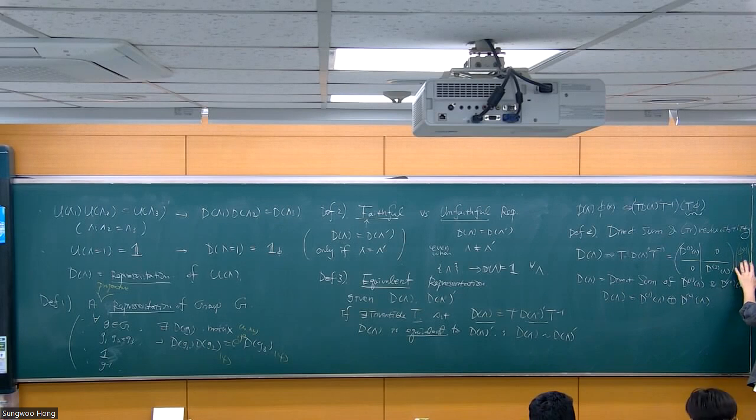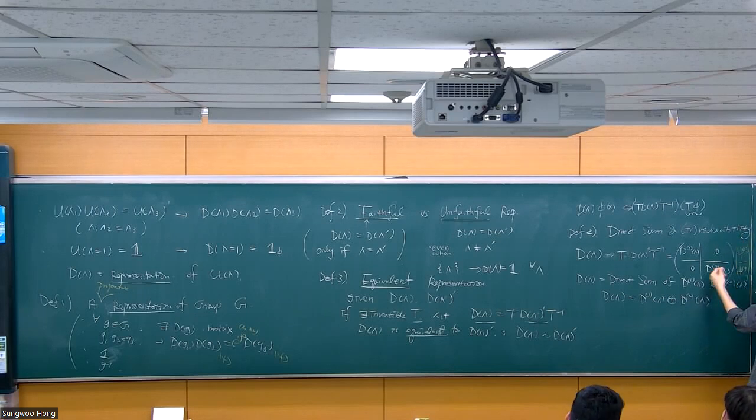And this guy only acts here, or shuffles among themselves, right? So this will never mix with that. So there is a factorization or decomposition of the vector space into phi1 and phi2. And in mathematical terms, we say that this is an invariant vector space under the symmetry transformation, they are just shuffling among themselves.